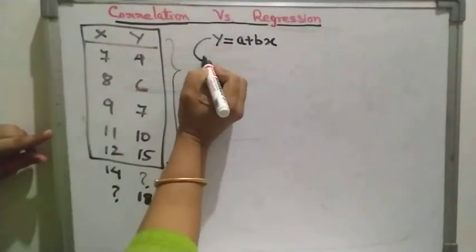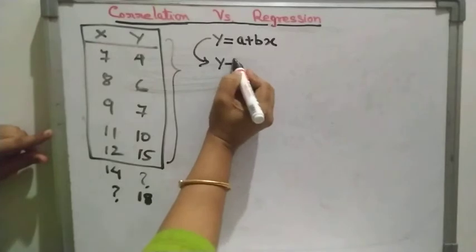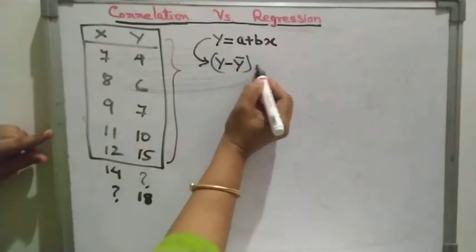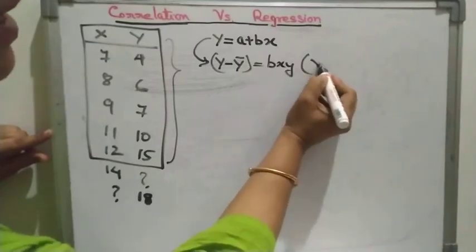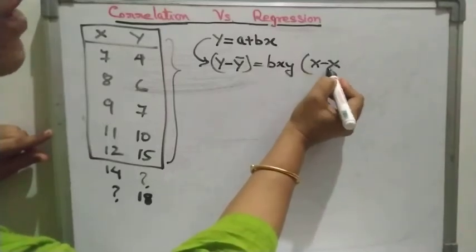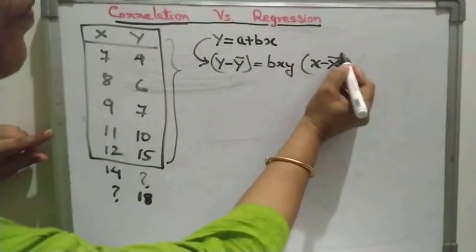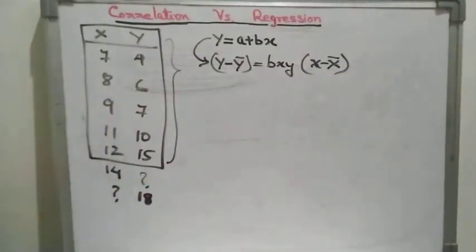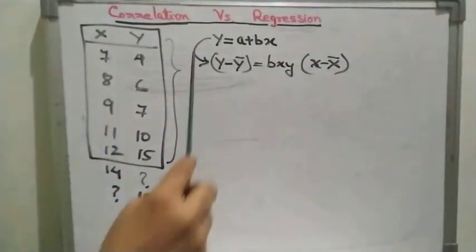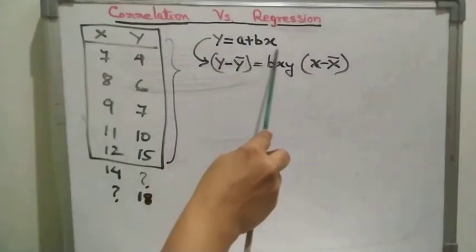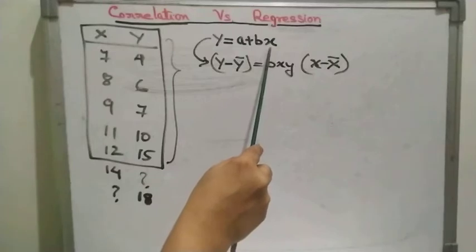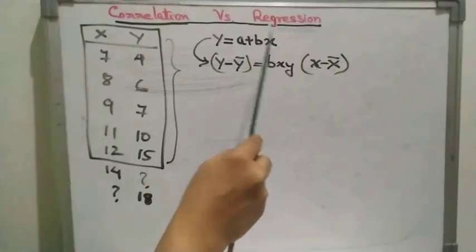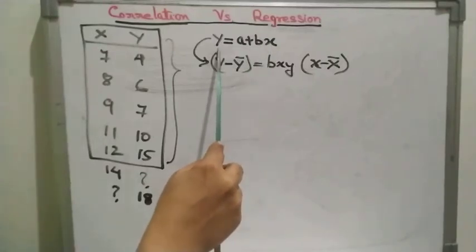The derivation part is not covered here, but after derivation we get this equation in this form: y minus y bar equals bxy times x minus x bar. We start with the supposition that x and y are linearly related, taking x as the independent variable and y as the dependent variable.